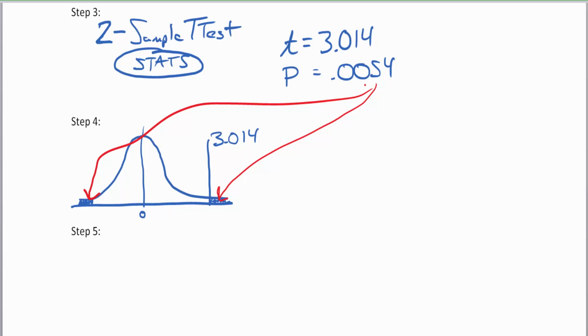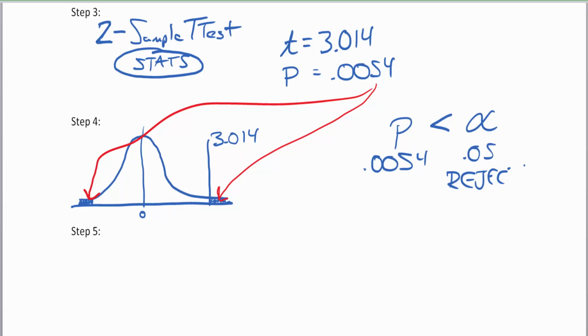It's really unlikely. So that means if we compare our p versus the alpha, and the alpha in the problem was 5%, this 0.0054, which is a little bit more than 0.5%, is still way less than 5%. And since the 0.5% is less than 5%, this is when we reject.